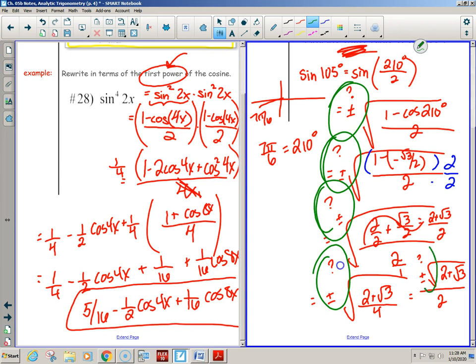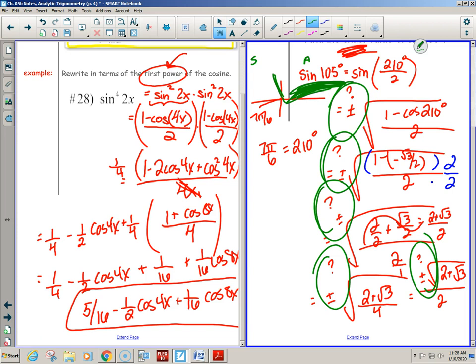Given the context of the problem that they asked me, sine of 105, the formula can't tell me which sign. I need to use my unit circle knowledge to know what sign. What quadrant is 105 in? Careful, this is 180. This is 90, yeah, it's somewhere here. If this is 105, what's my sign in the second quadrant?